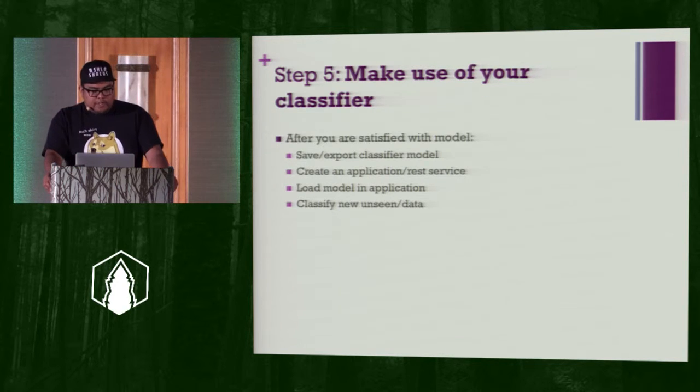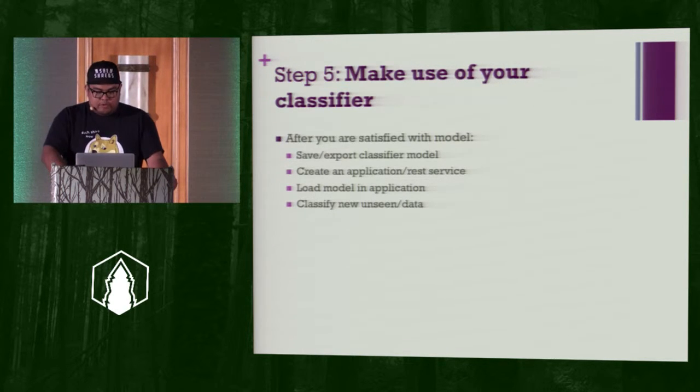But to make use of your classifier, after you get some desired result, you're probably going to want to put it in production. The general steps around this involve saving or exporting the classifier in some representation, creating an application or integrating it into an existing application, loading this model, and then classifying new or unseen data.